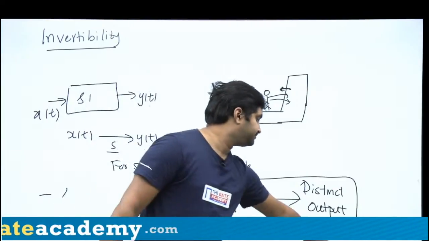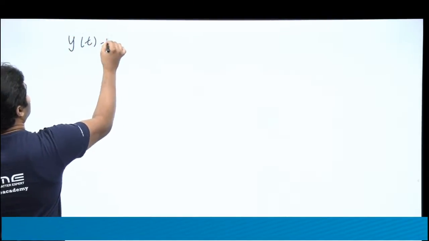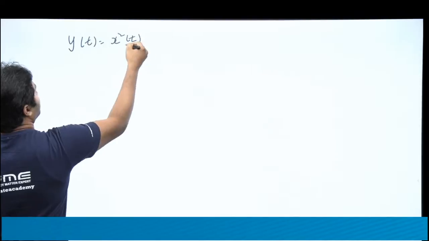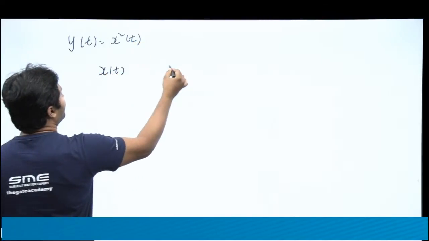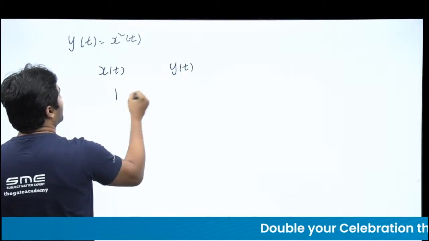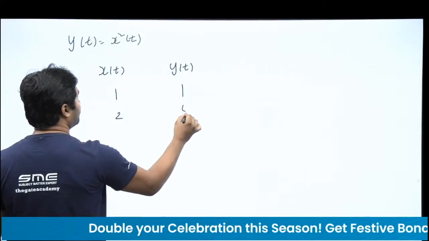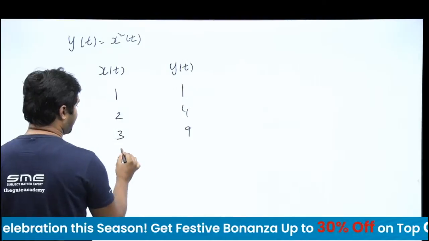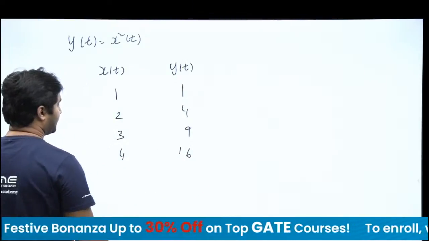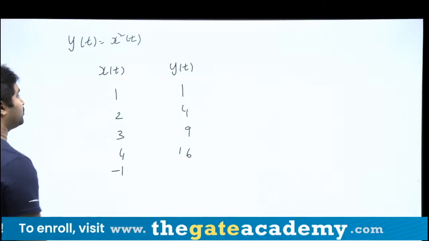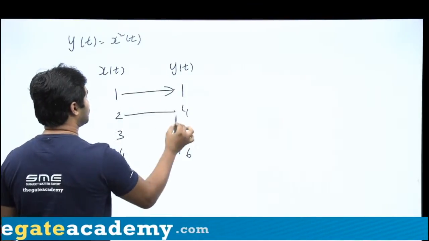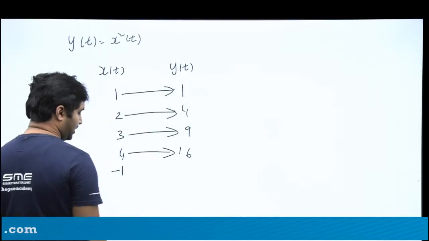For example, if I have a relation y of t is equal to x squared of t, it means I have an input x of t and an output y of t. If I give 1, I have 1 here. If I give 2, I have 4. If I give 3, I have 9. If I give 4, I have 16. So far so good.